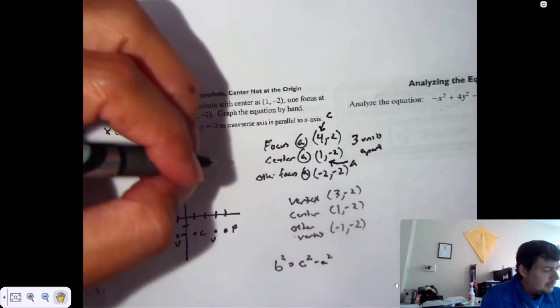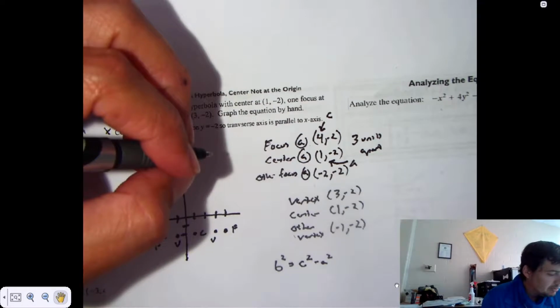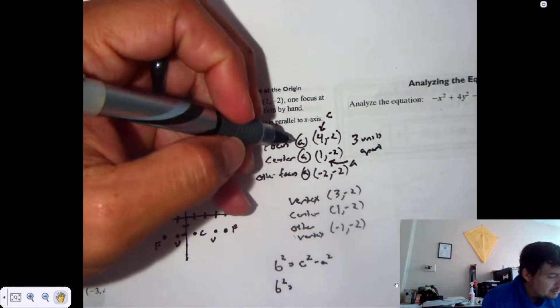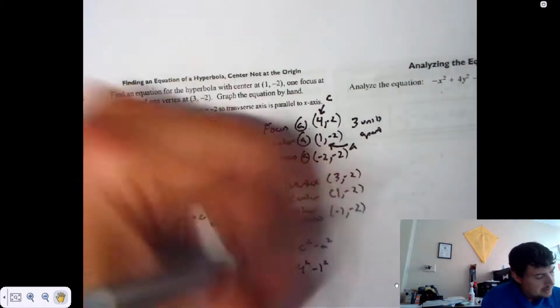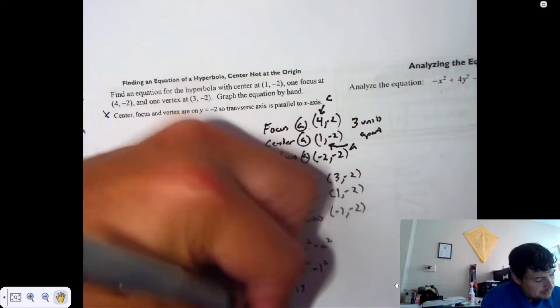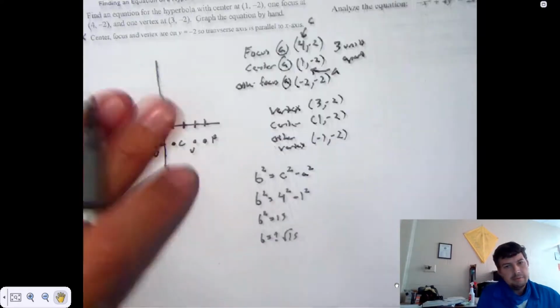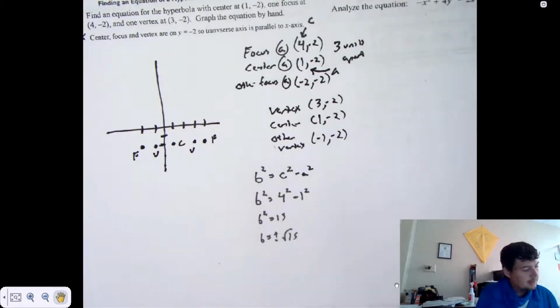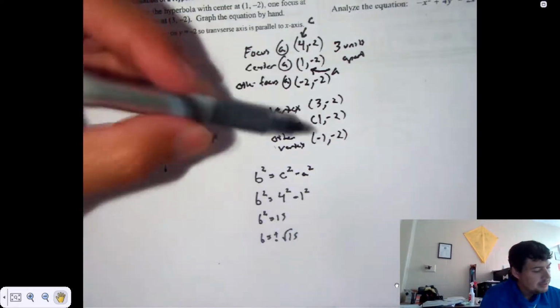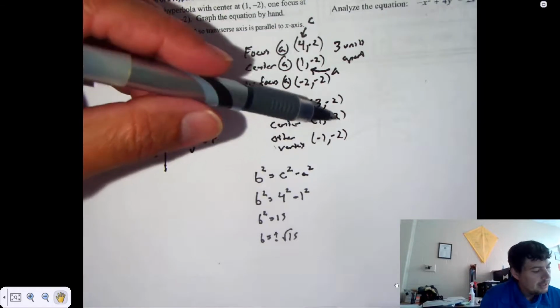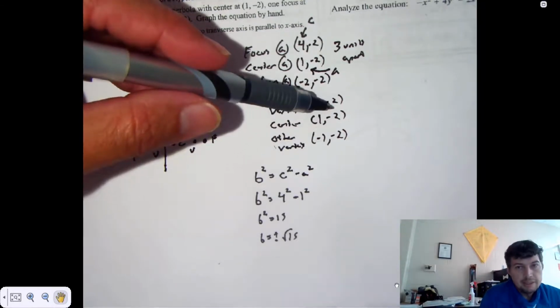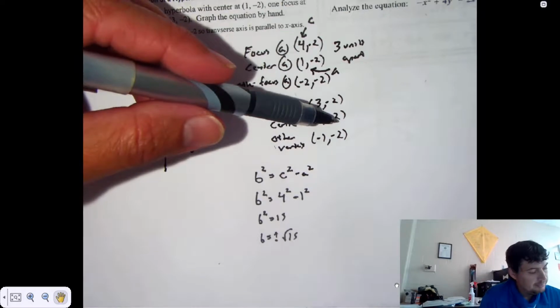All right, so where was I? B squared is 4 squared minus 1 squared. That's 16 minus 1. B squared is 15, and B is plus or minus the root of 15. Now, that means that from the center, I go up a root of 15 and I go down a root of 15.